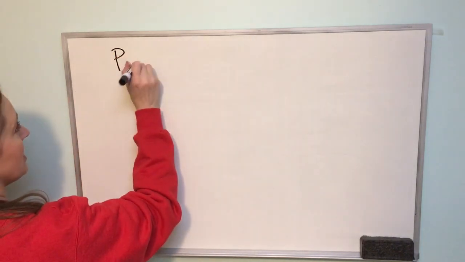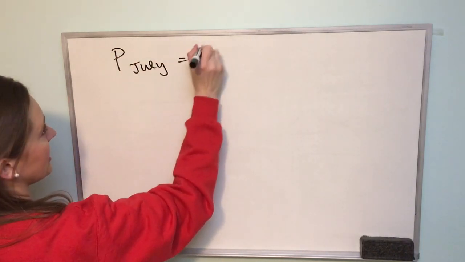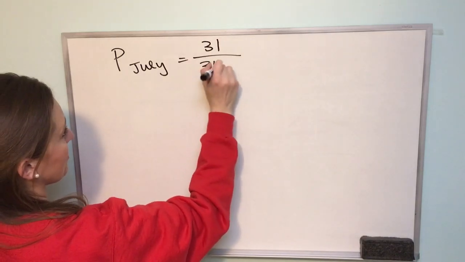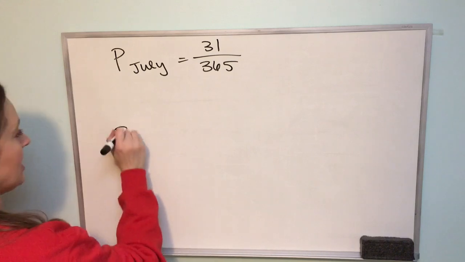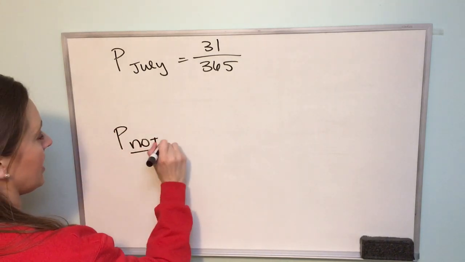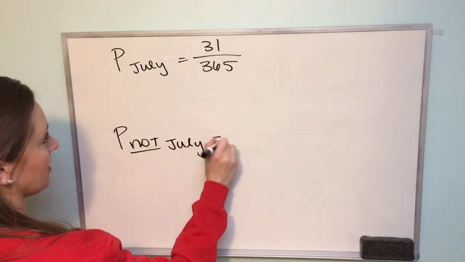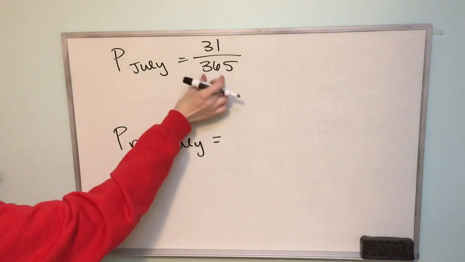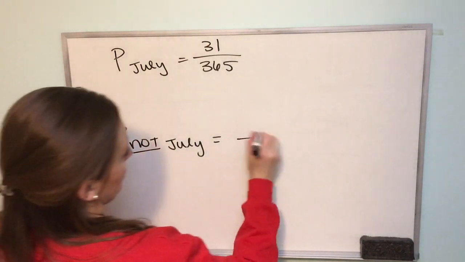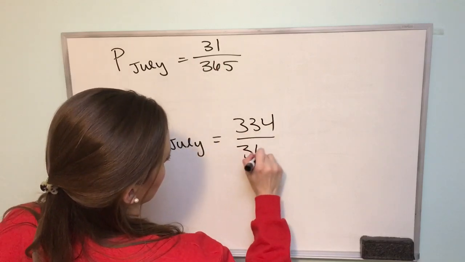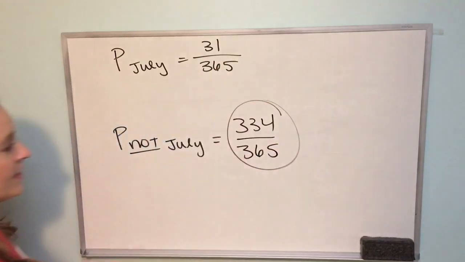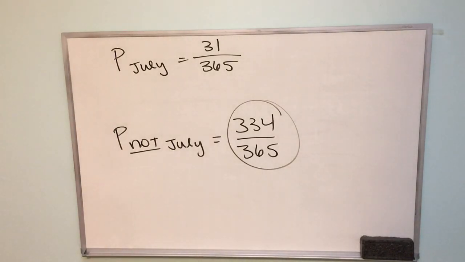So the probability that someone was born in July is equal to 31 over 365. So then what's the probability that someone was not born in July? Just subtract it, right? And you'll get what? 334 over 365. Good. If you have questions on these, again, feel free to email me.